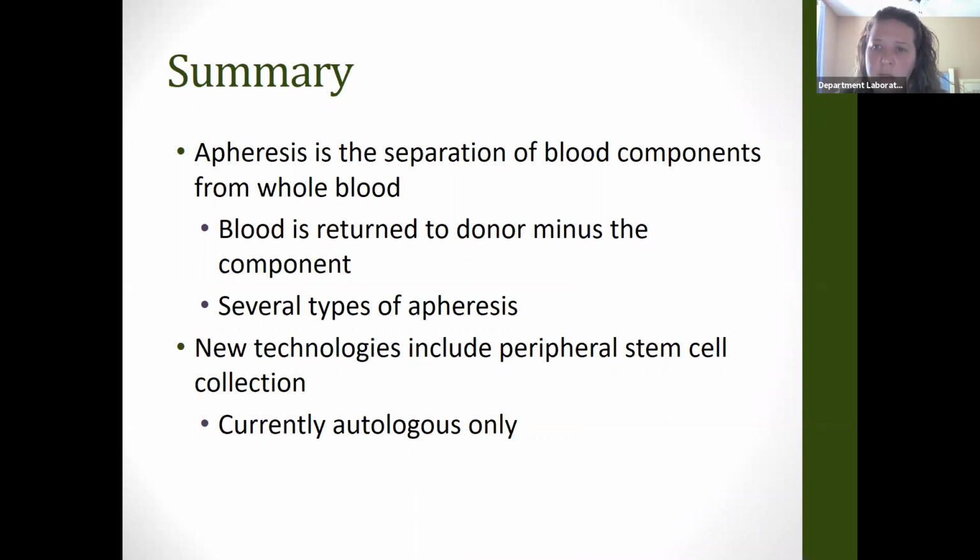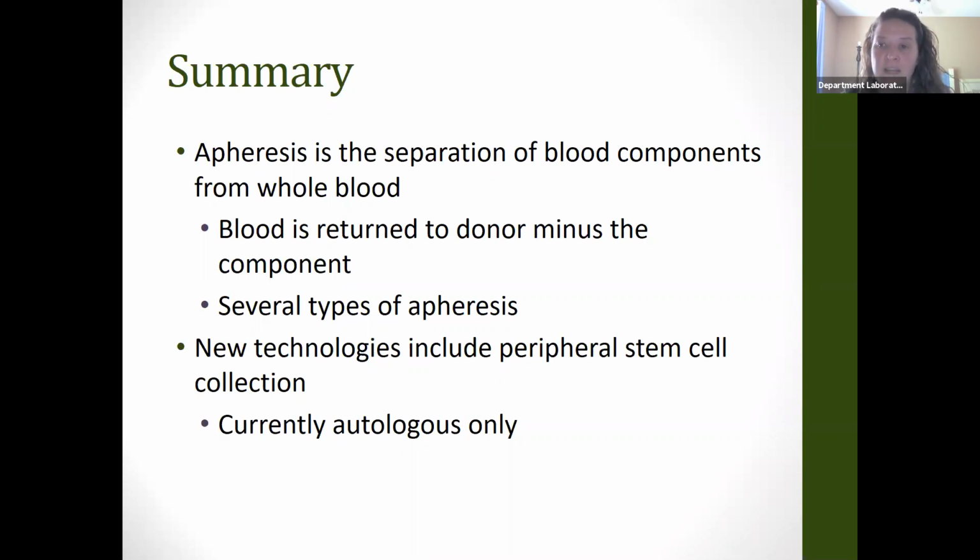All right, so I know we already talked about the apheresis process, but this lecture kind of describes that process a little bit further, whether you're using the intermittent flow or continuous flow. And we talked about several different conditions where apheresis might be warranted. And remember, in the apheresis process, if it's a regular donation, then only the desired component is kept, and the patient does not receive any replacement components.